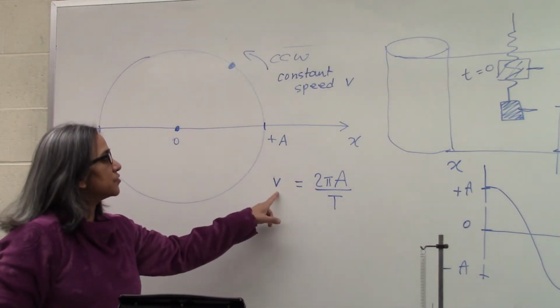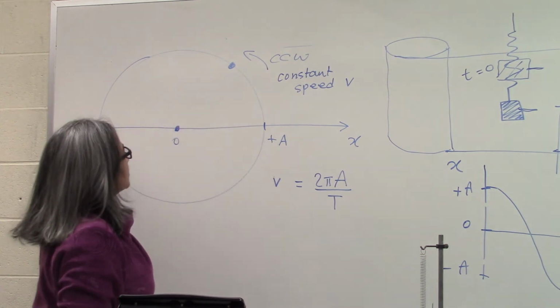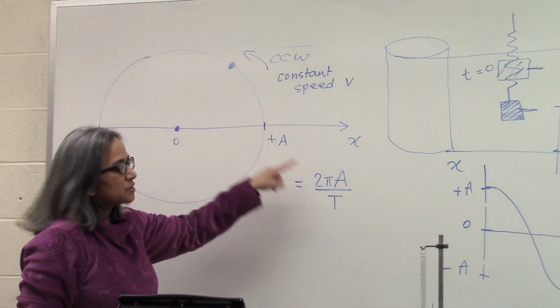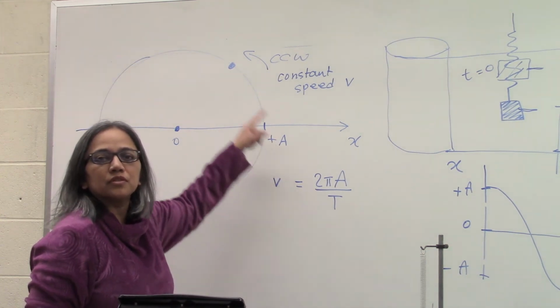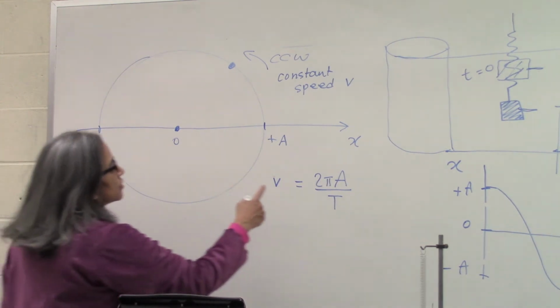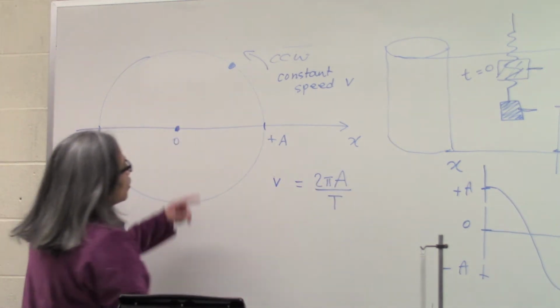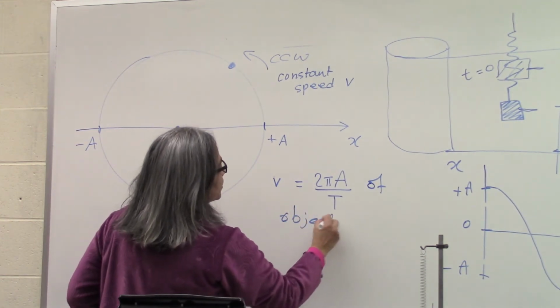This is simply the definition of speed as distance divided by time. The distance is the circumference of one circle, 2 pi A, and the time here, the capital T, is the period, which is the time taken for one complete revolution. So this is the constant speed v of the object moving in a circle.